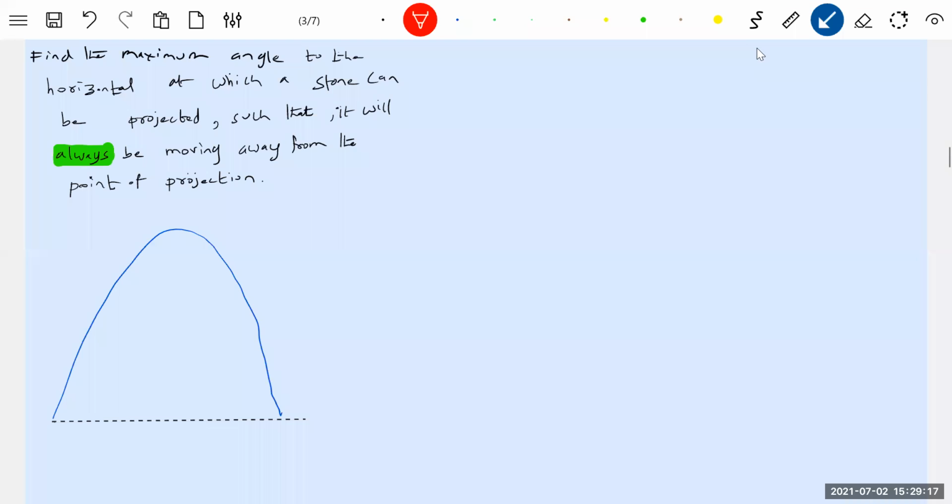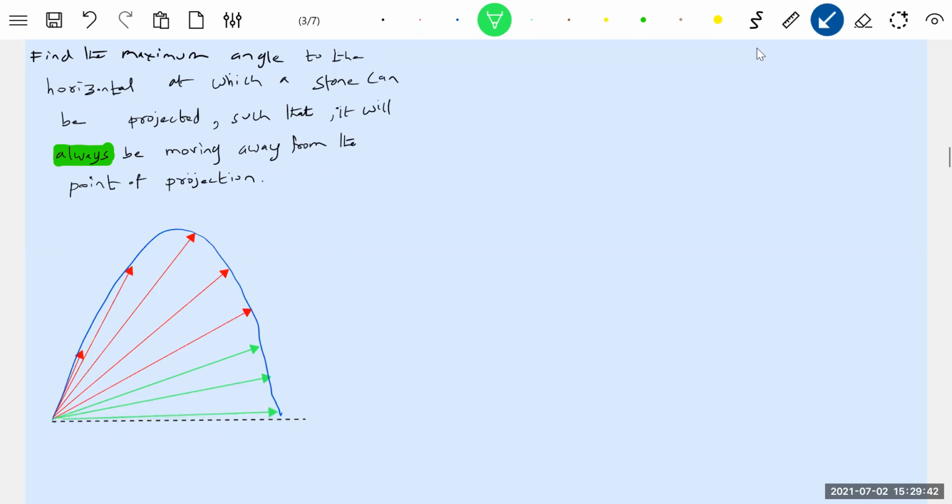I don't know how many of you really tried to understand with the help of diagram. We'll take this one.